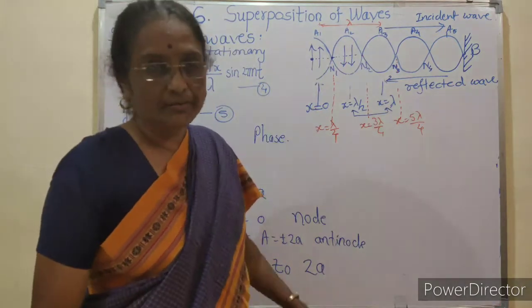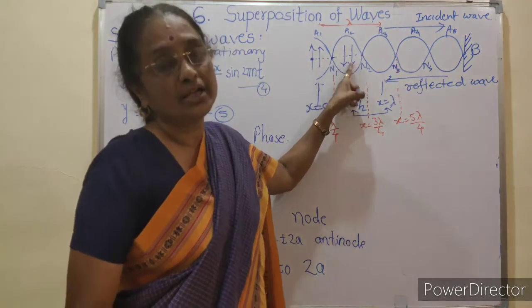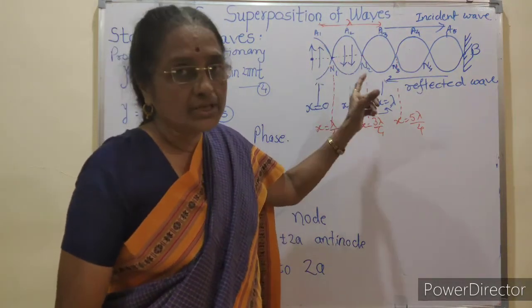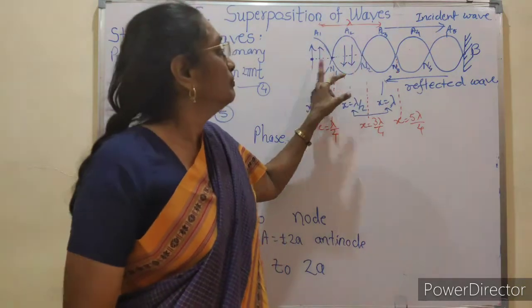Vibratory motion is there, but the phase in two adjacent loops is opposite. But the phase of all particles in one loop is the same.